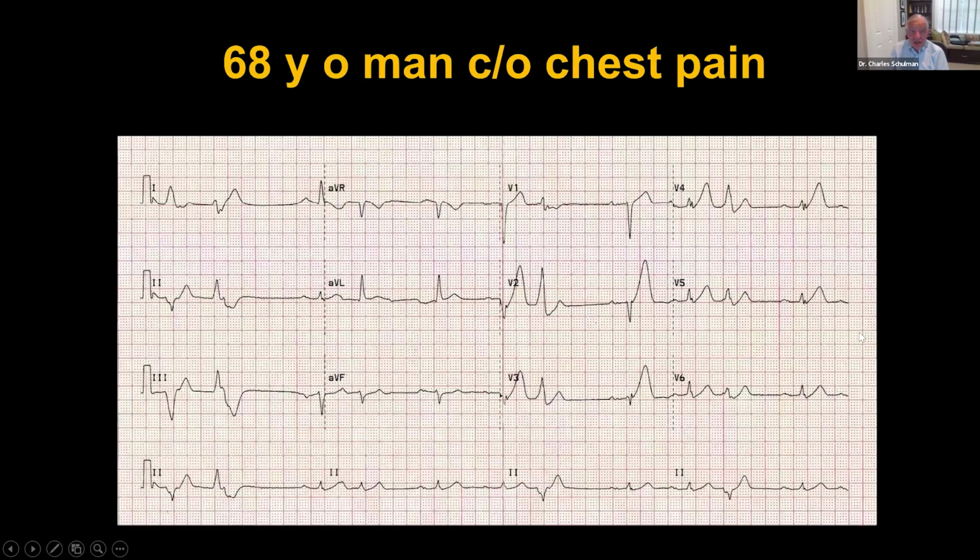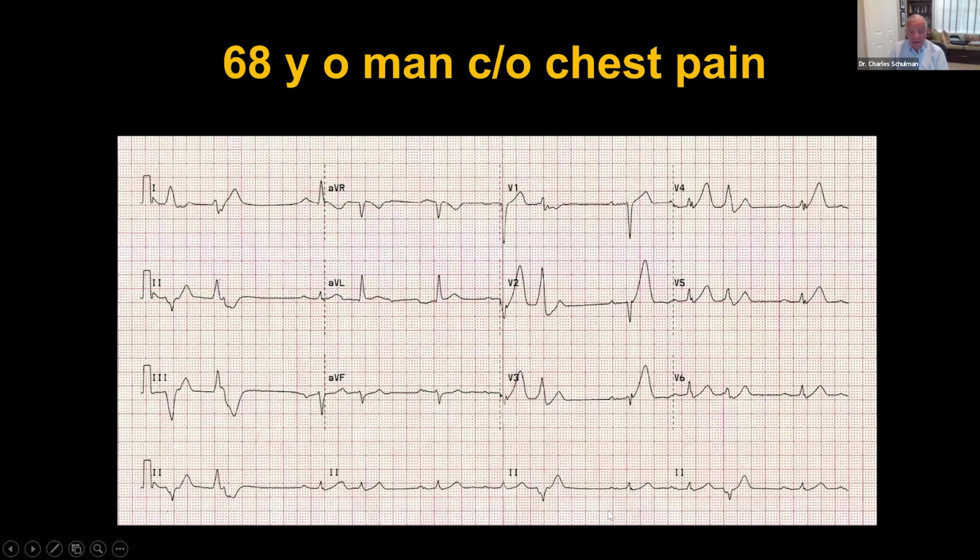So here's a 68-year-old man who presented to the emergency room with chest pain. One thing you notice is that there's sinus rhythm. There are three PVCs. There's one PAC.